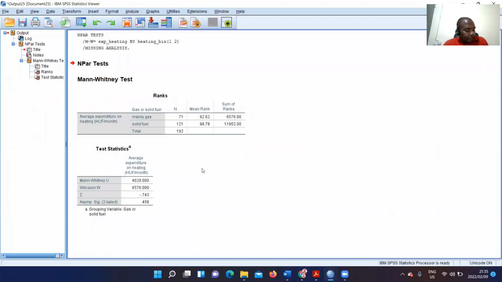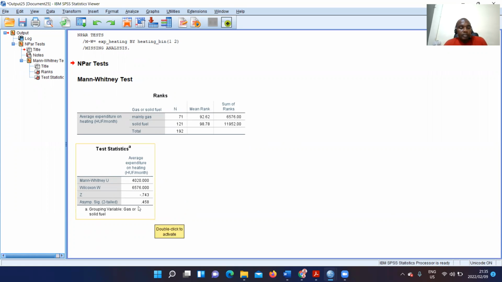After clicking OK, we discover that the Mann Whitney U statistic is 4,020, and the Wilcoxon W statistic is 6,576, and the Z statistic is minus 0.743.